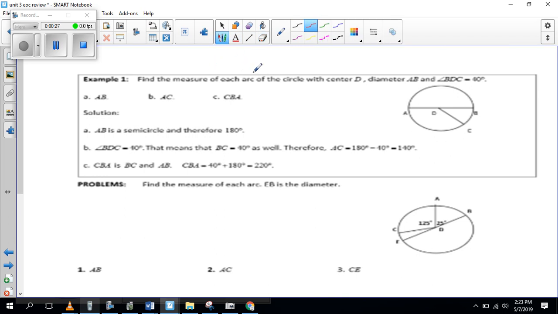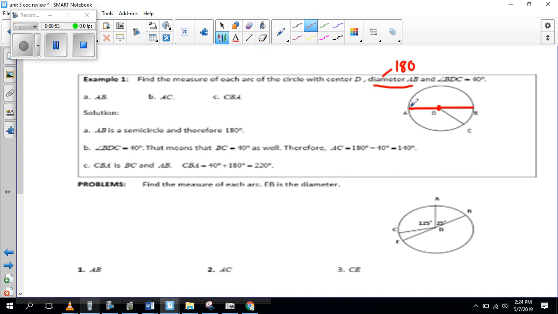So it says find the measure of each arc of the circle with the center D. We know D is the center because it's in the middle. We got a diameter. It's very important. Diameter, we should automatically think 180, because the diameter is half of the circle. So just remember that. Here's our diameter.